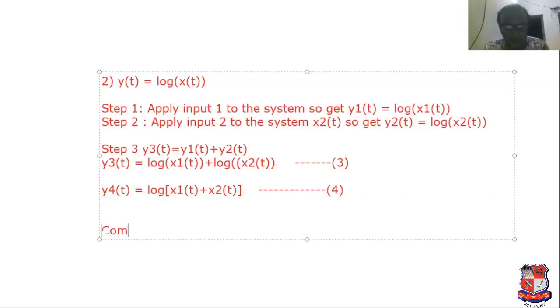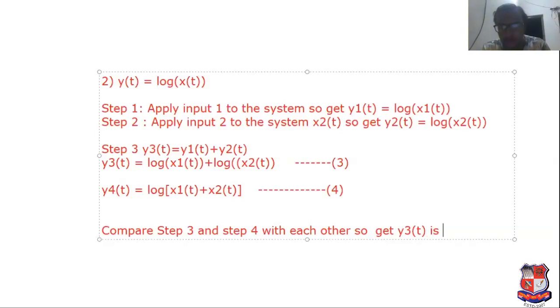Now compare step 3 and step 4 with each other. So we get y3 of t is not equal to y4 of t. This is the logarithmic operation.